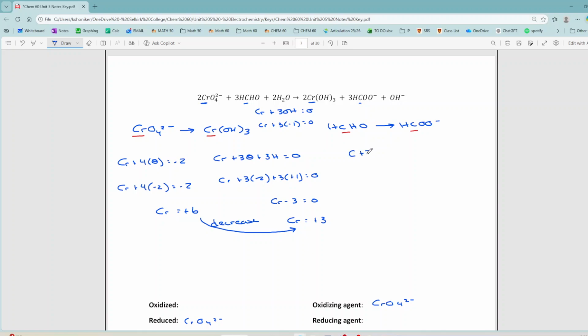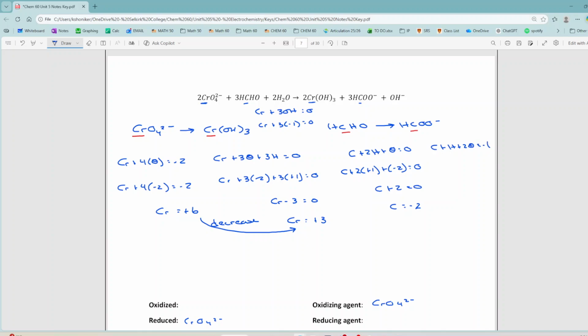So this is a carbon and 2 hydrogens and an oxygen equal to 0. So carbon and 2 +1s and a -2 is equal to 0. We end up with carbon +2 is equal to 0, and the oxidation number on carbon is -2. And then for this guy, we have a carbon, a hydrogen, and 2 oxygens equal to -1.